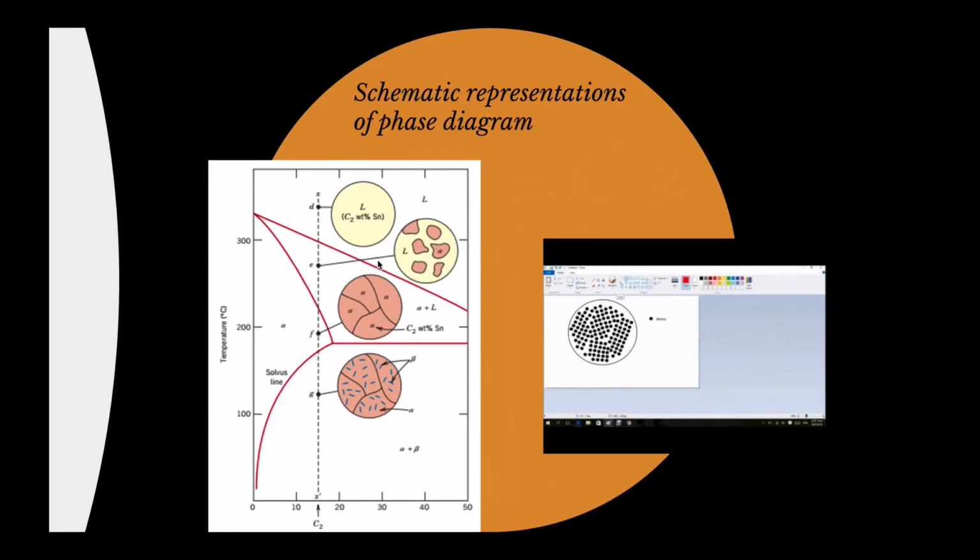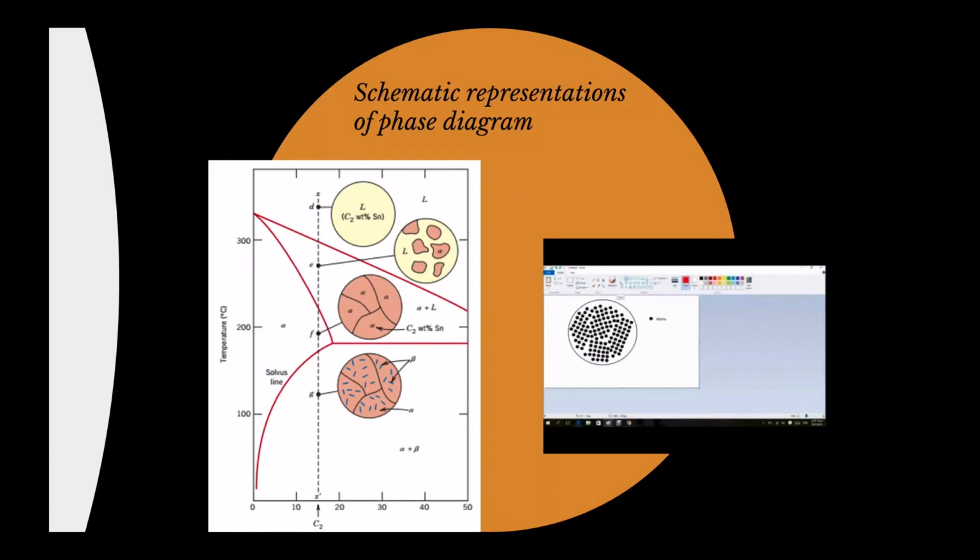And then it starts to grow until it reaches its limit. We call this the grain boundary. So this is a grain, this is the grain boundary, and this is already all alpha phase at this F point.